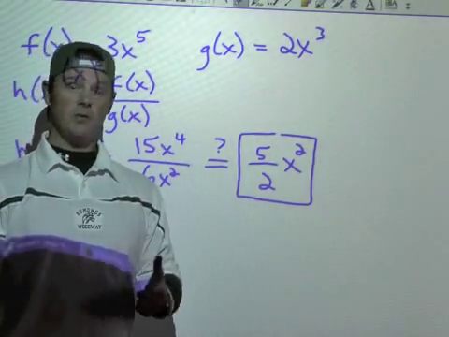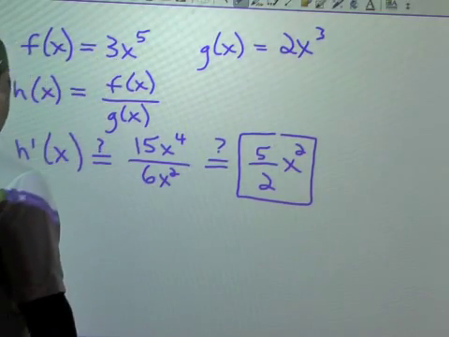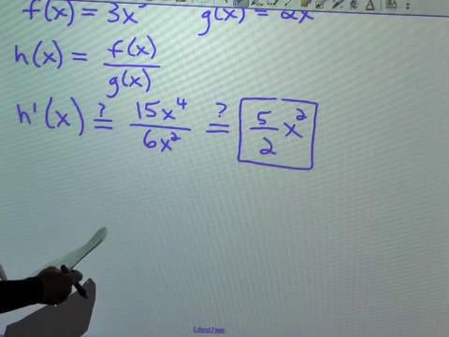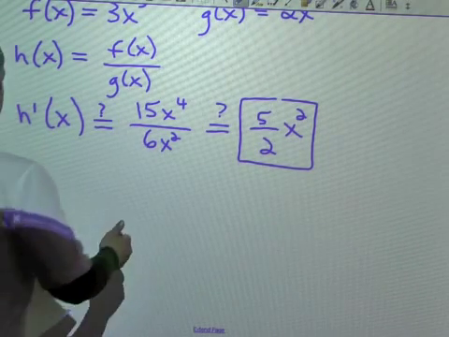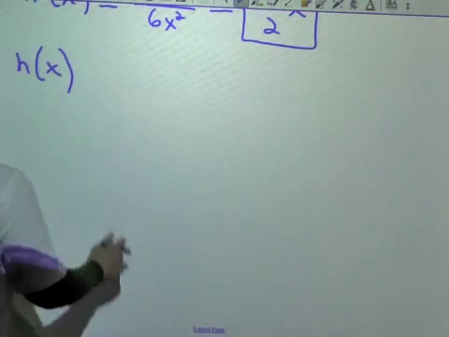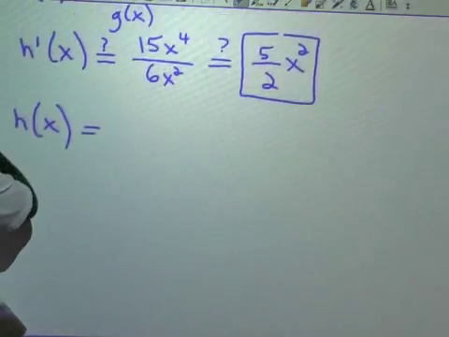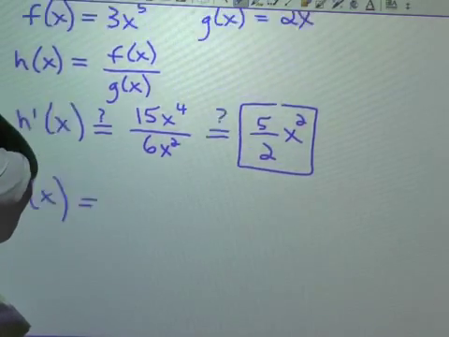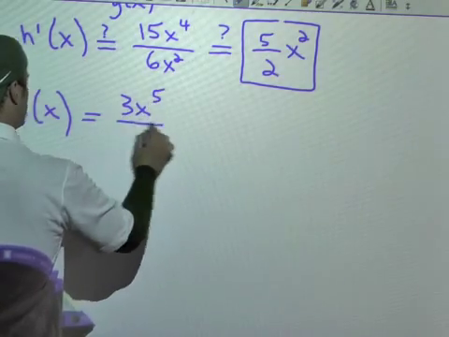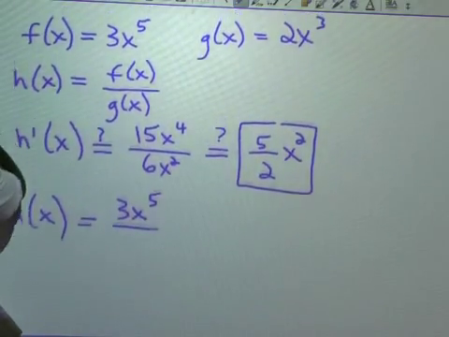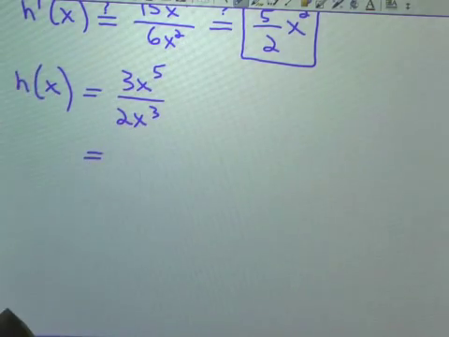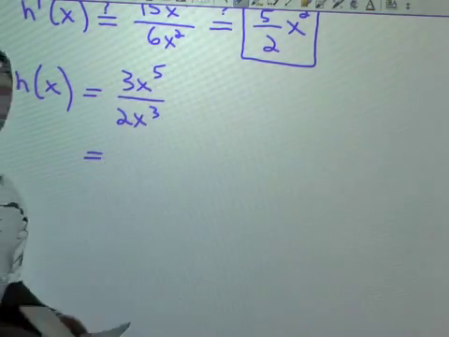Unfortunately, it's not. I wish it was that easy, and it's not quite that easy. So let me show you why it's not. If we actually divide the two functions, h of x is f of x divided by g of x. So it's 3x to the fifth divided by the g of x, which was 2x cubed. Well, we could actually divide this before we do the derivative.